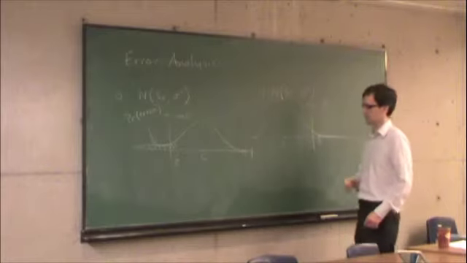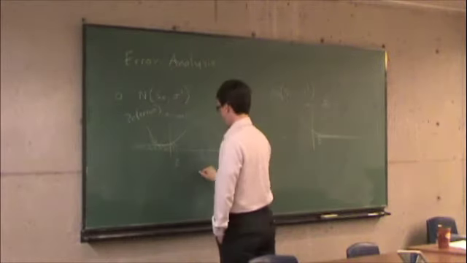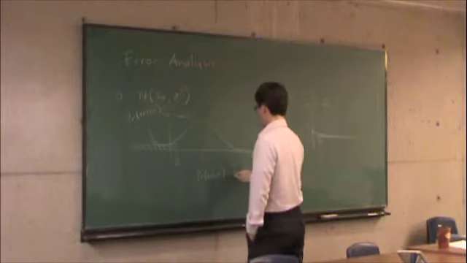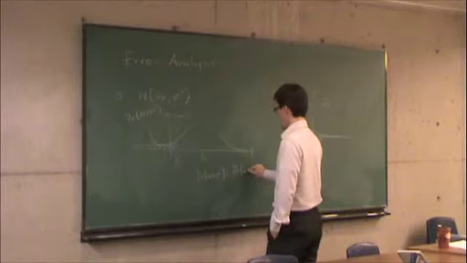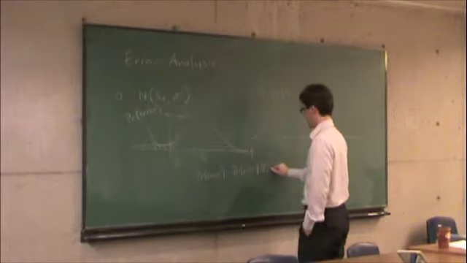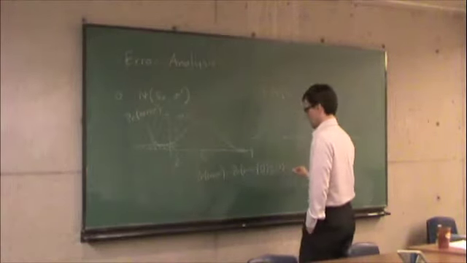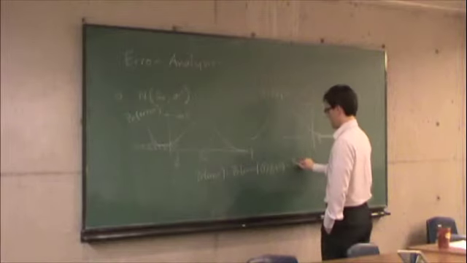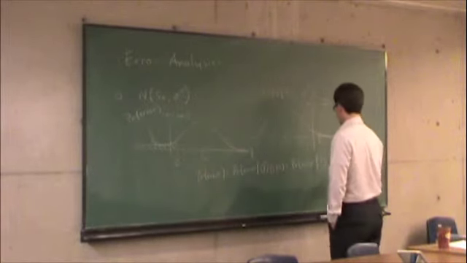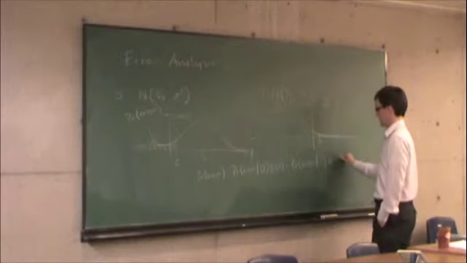So my total probability of error is equal to the probability of error given that a 0 was sent times the probability of a 0, plus probability of error given that a 1 was sent times the probability of a 1.